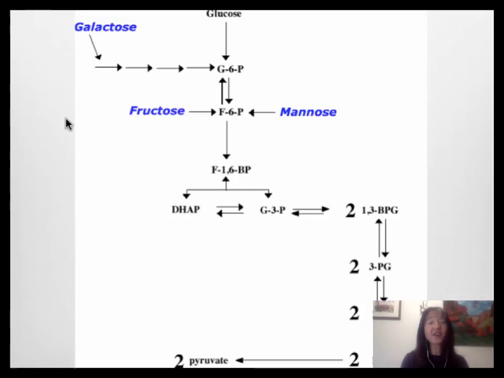Notice that they have to go through a slightly different process in order to add into the intermediates that we already know and love. Galactose, there are several steps that allow it to get converted to glucose 6-phosphate. Fructose and mannose, they can get converted into fructose 6-phosphate. This is why we call this the point of no return.